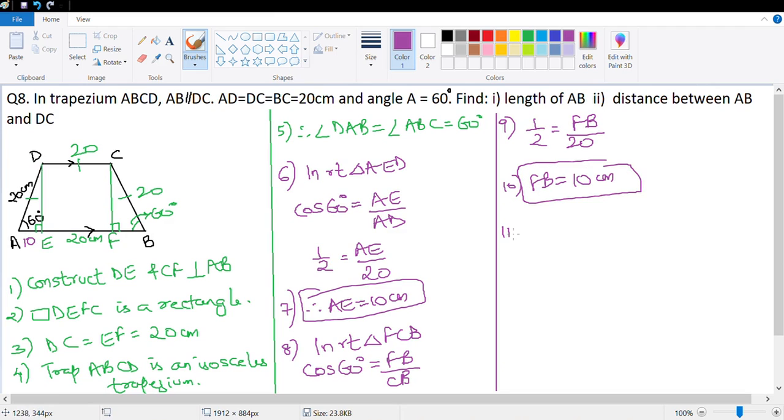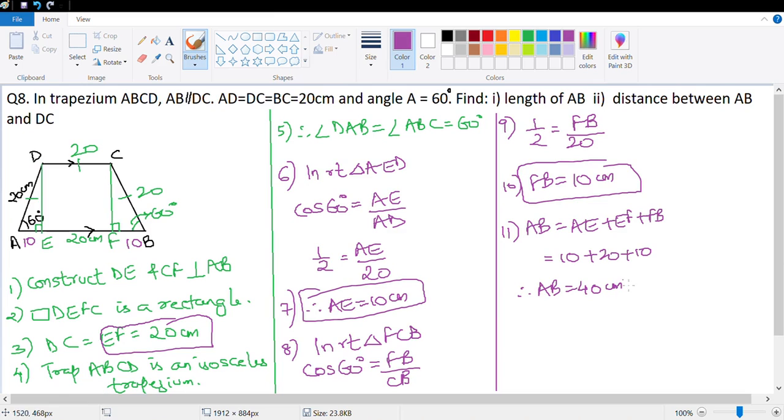So we need to calculate AB. So AB is equal to AE plus EF plus FB. AE we got 10, EF we got 20, and FB is equal to 10. Therefore, AB is equal to 40 centimeter.